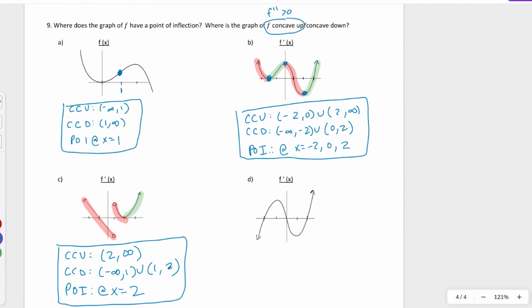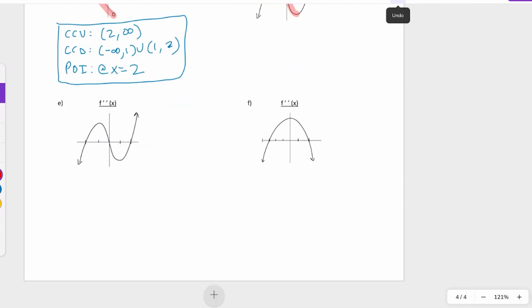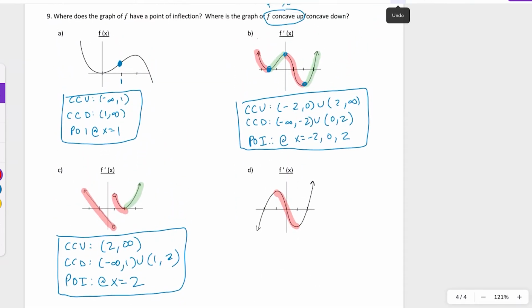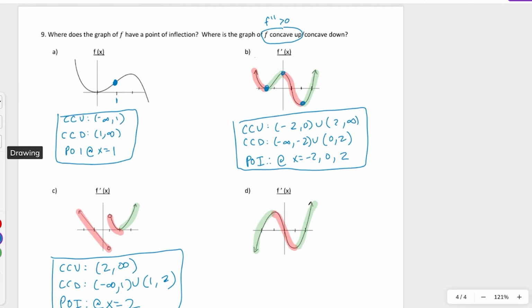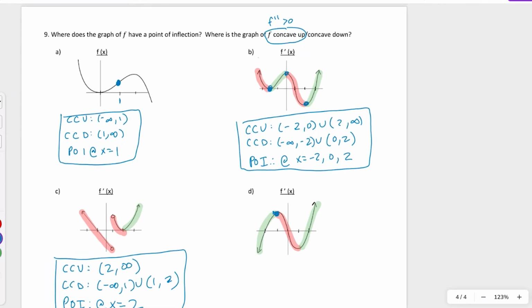Letter D. So this is a graph of f prime again. So f double prime is negative here where it's decreasing, and f double prime is going to be positive when the slope of f prime is positive, so here and here. I'm going to have 2 points of inflection because the sign of this slope is changes at both plus or minus 1.